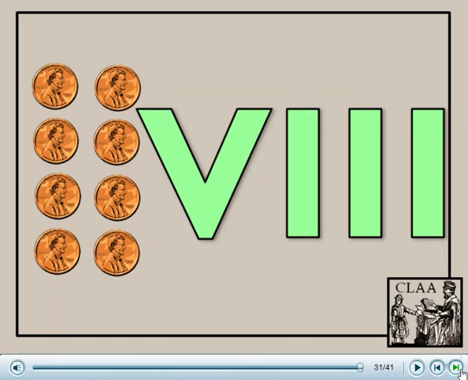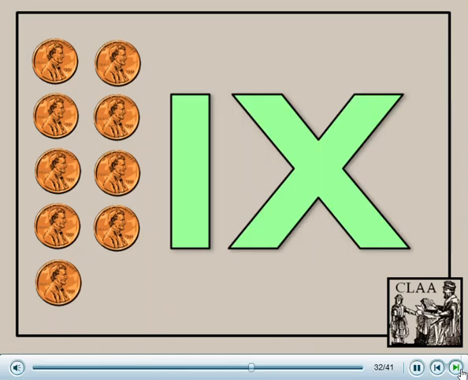Unus, duo, tres, quatuor, quinque, sex, septem, octo. And the last Latin number we learned was the Latin for the number 9, novem.